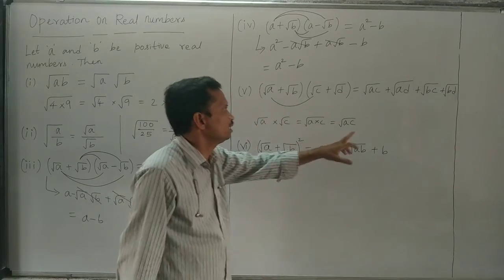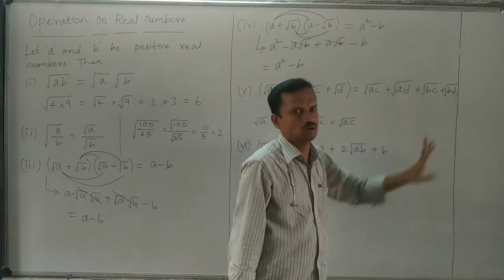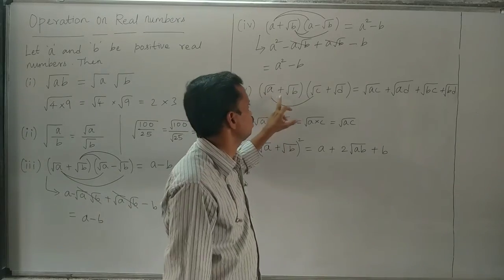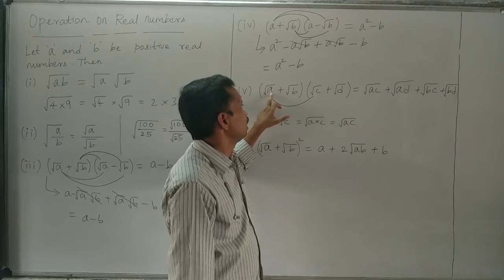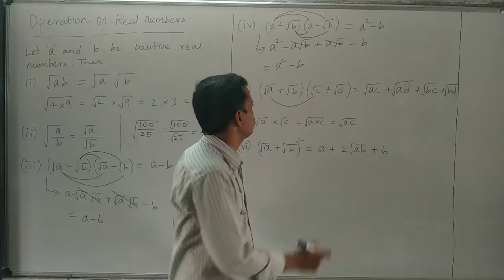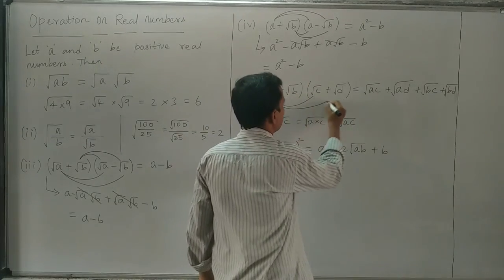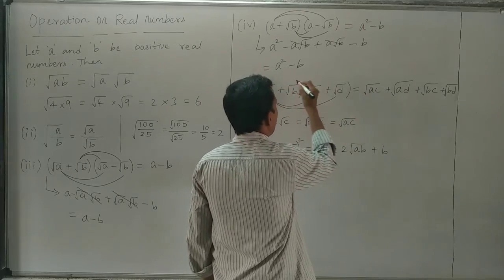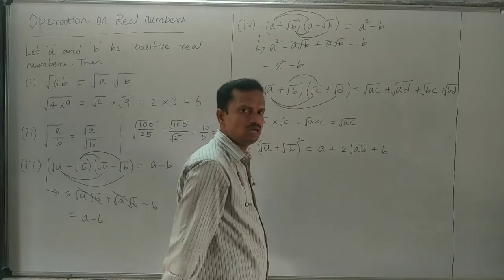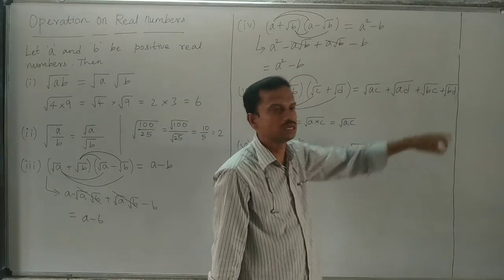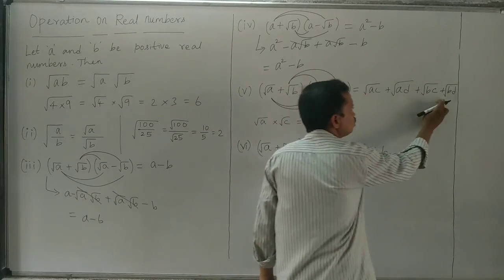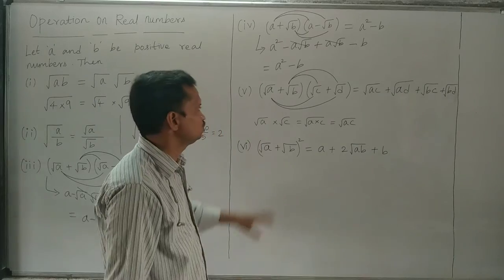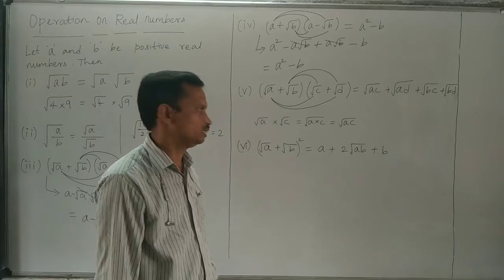So if you multiply, you get square root of a into square root of c, root ac, and then square root of a into square root of d, you get root of ad here, and root b into root c, you get root bc, and root b into root d, you get root of bd. So this is the way we can easily write that.